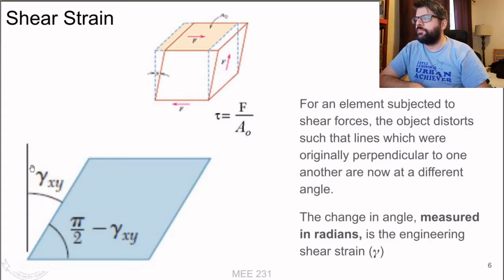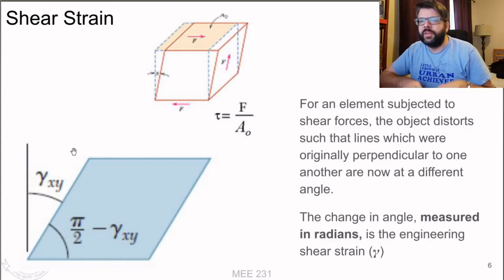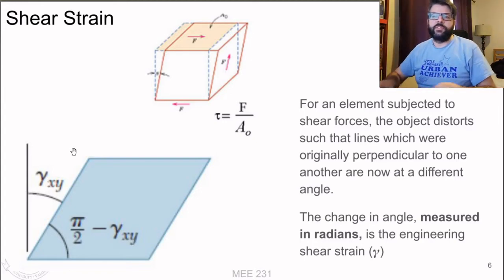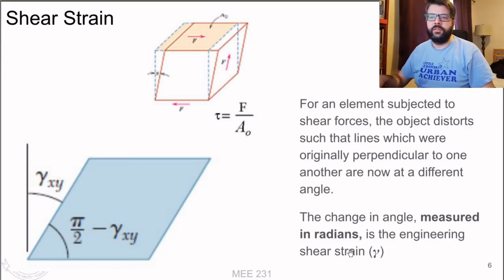And that'll be measured in radians. We basically always use radians when we're dealing with shear strain. And yeah, so it distorts so that lines that were once perpendicular are now at a different angle. So a small gamma is used to denote that.